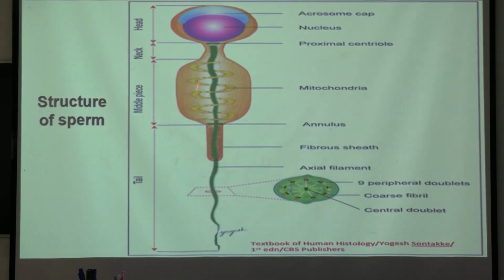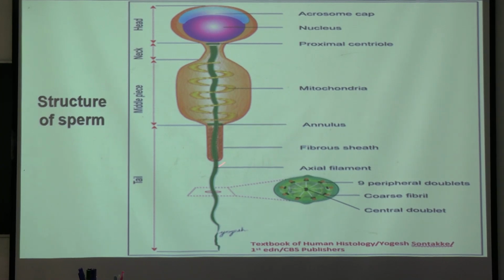And this is the structure of a mature sperm. This part is known as the head, this is the neck. In the neck region lies the centriole, and here lies the nucleus and the acrosomal cap, and in the middle piece lies the axial skeleton. These are the mitochondria arranged in the middle piece, and here one annulus is present.